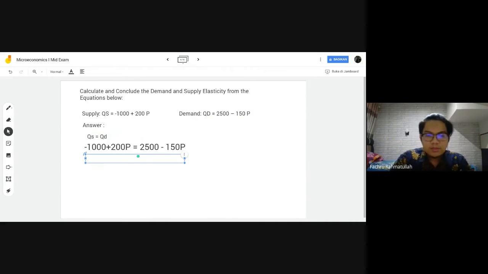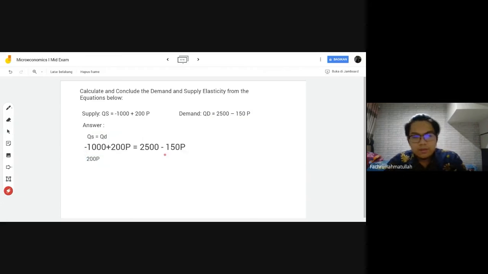So in this section, just the constant P. Because the right got minus, but when we move it to the left section, it will be changed to the plus section. The plus into plus.